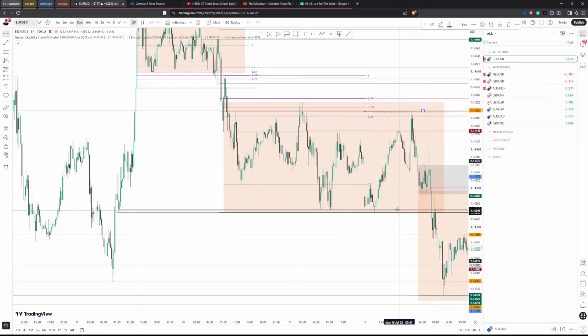Okay, and then we also have, we create equal lows here as well. And we displace taking out swing highs, more in the time frame.